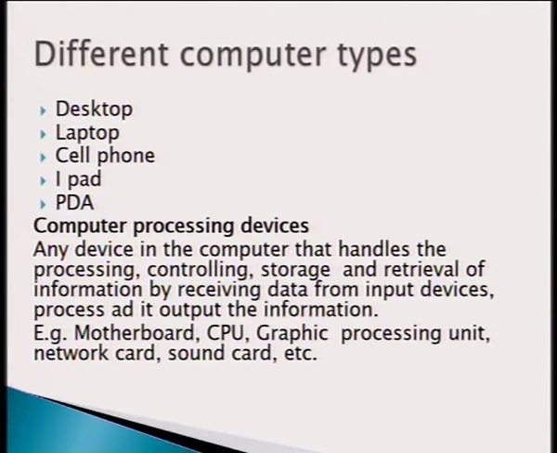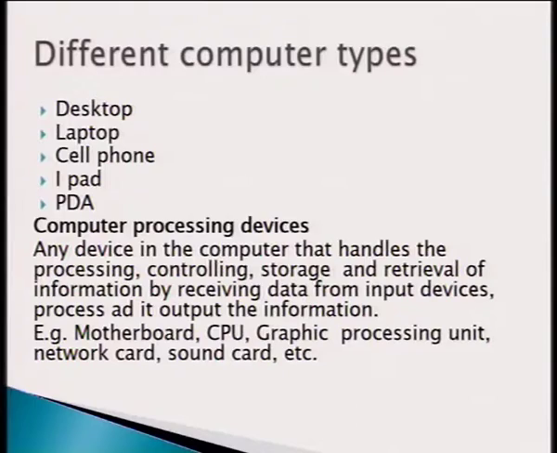The processing devices that we have on our computer include the motherboard. This is the main board in the computer where almost everything is attached. We've got the CPU, central processing unit. This is a small chip inside our computer, and this is the one that does the real work, the processing of information. I've got the graphic processing unit, which has to do with the graphics of the computer.